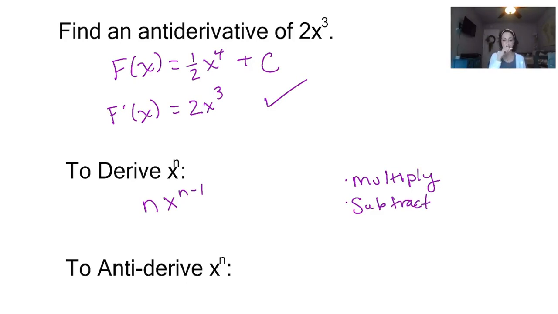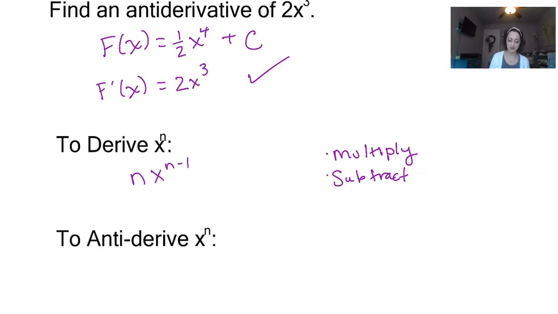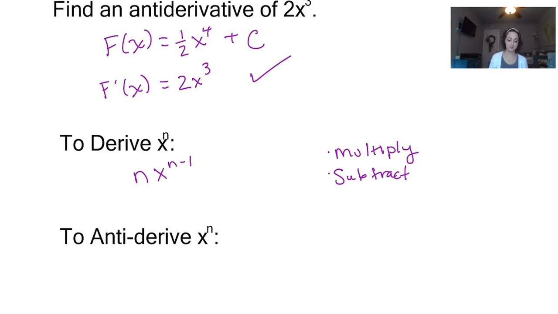Right? Now, if I want to find the antiderivative of x to the n, I would need to do the opposite operations in the opposite order, correct? So let's try. So the opposite of multiply, subtract, again, in the reverse order would be add and divide, right? Okay, so what I'm going to do is bump up my power now.